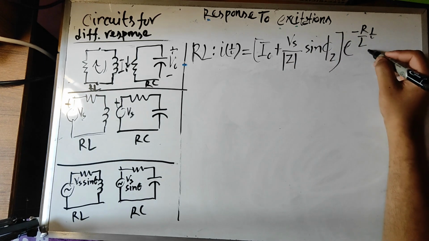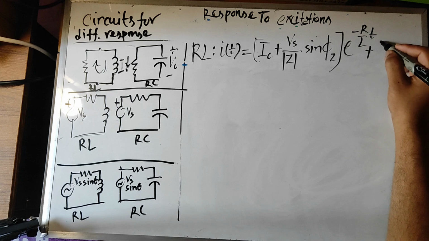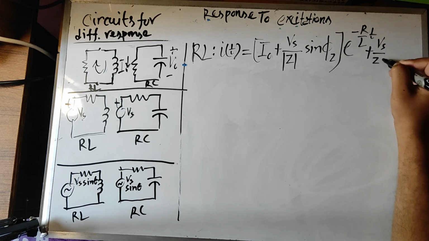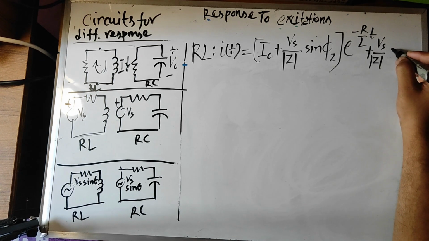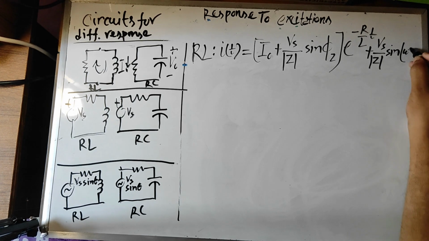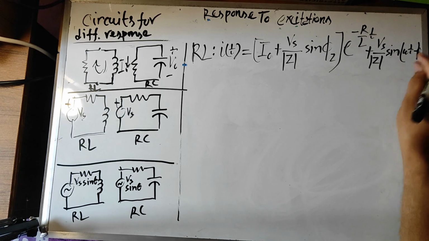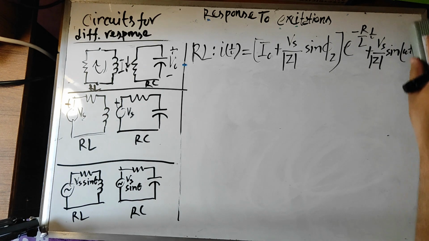This is the transient response, plus Vs by Z sine of omega t minus phi.